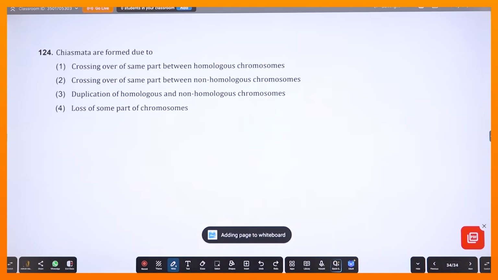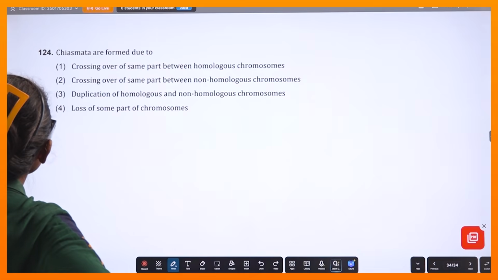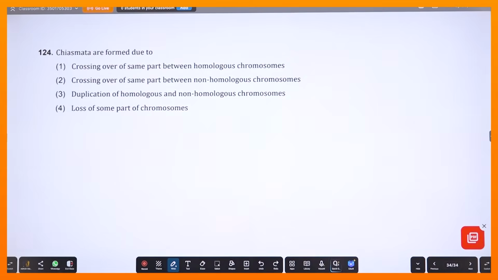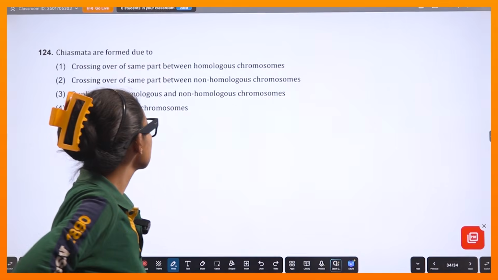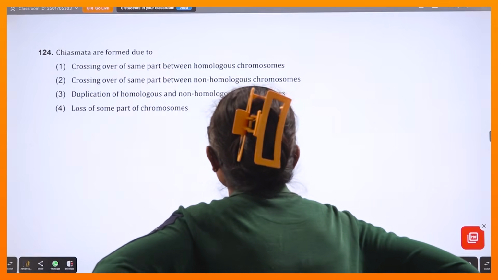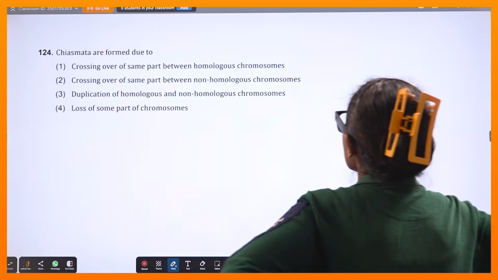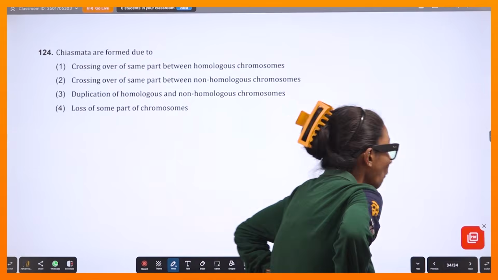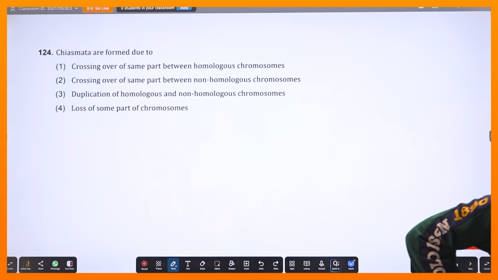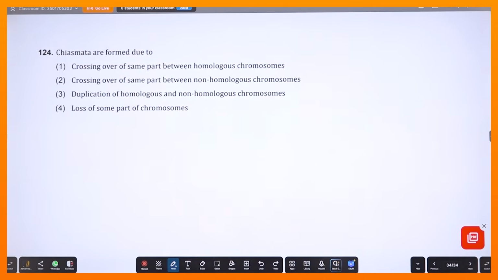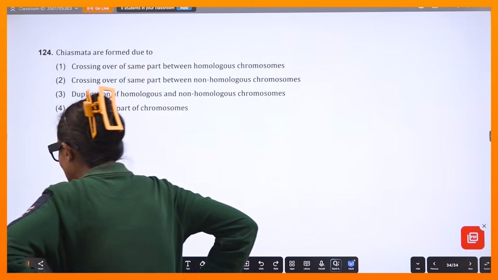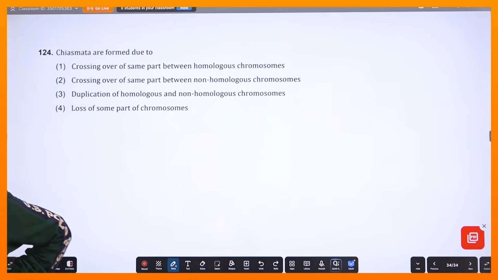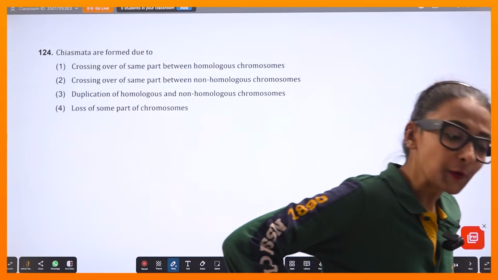Chiasmata are formed due to, in diplotene: crossing over of same part of homologous chromosome, duplication of homologous, non-homologous chromosome, crossing over of same part between non-homologous chromosome, loss of some part of chromosomes. I see. So chiasma is basically formed after the pachytene stage, when the crossing over is over.